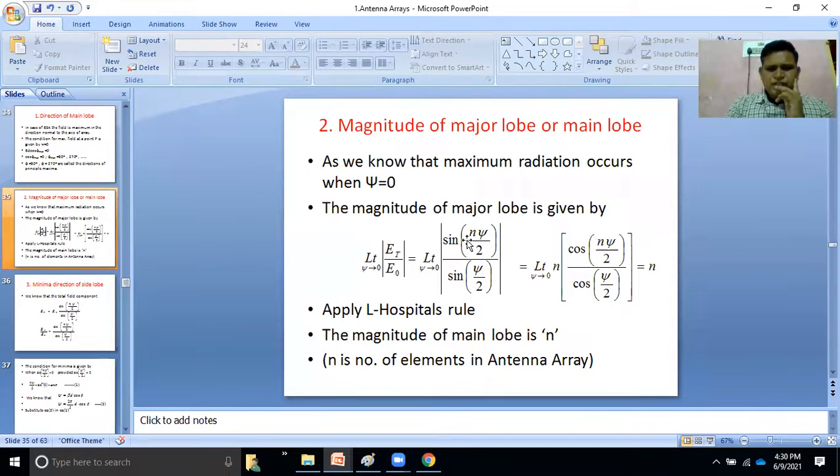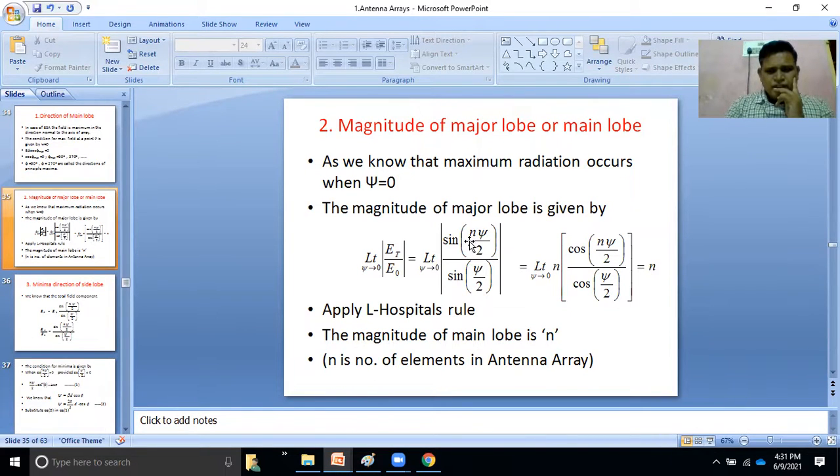If you substitute, it is 0 by 0, which is undefined. Therefore, we will use L'Hospital's rule. By applying it, we differentiate the numerator and denominator.